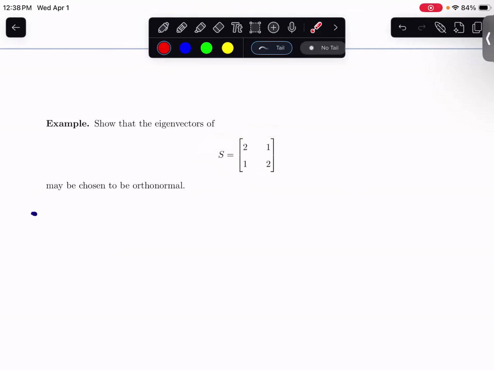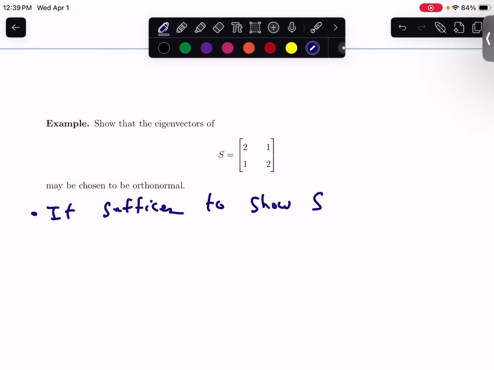It restricts the number of calculations you need to do in order to guarantee that you have a really nice structure here. So from the previous proposition, it suffices to show that S has distinct eigenvalues.